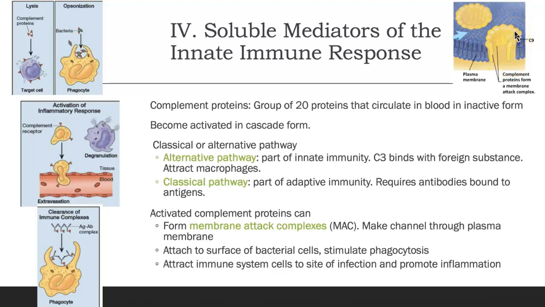MAC stands for membrane attack complex, which creates these pores or channels throughout the plasma membrane of the cell, which will allow all the fluid to move into the cell, causing it to lyse and killing the cell. We also talked about attaching to surfaces of the cell and marking it for destruction through phagocytosis. And we can attract our immune system cells to the site of infection to promote inflammation.